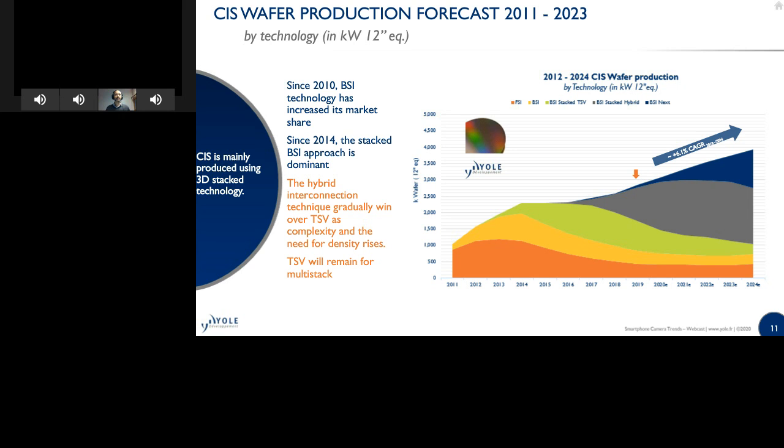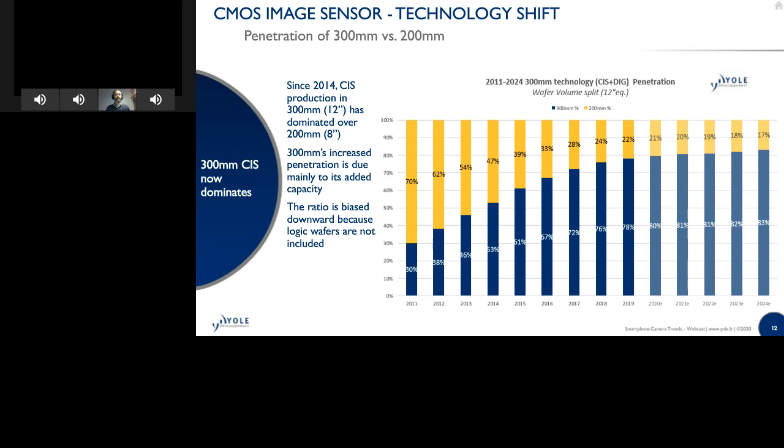The growth is 6%, so it's less than the volume of modules because there is the stacking. So I'm just talking the top part. Actually, if we think of the whole semiconductor content, it is increasing quicker than volume.